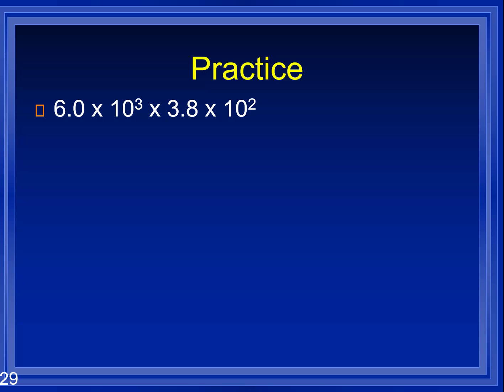And if you've pushed buttons successfully, your calculator will say 2,280,000, or it might say 2.28 times 10 to the 6th, depending on your calculator.